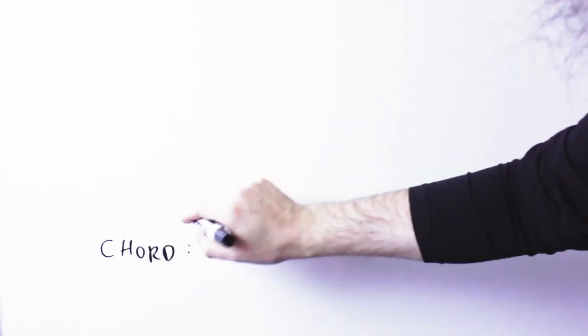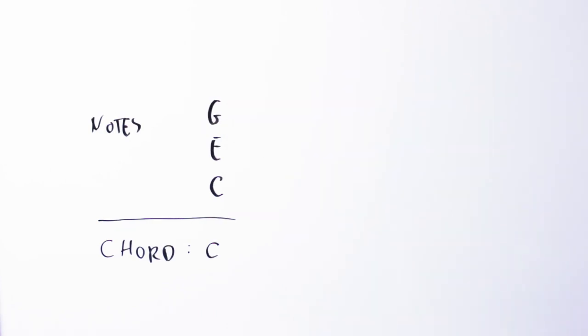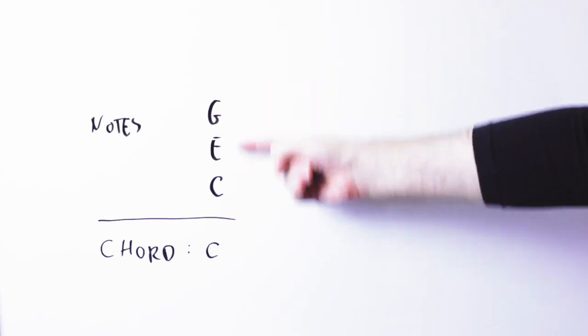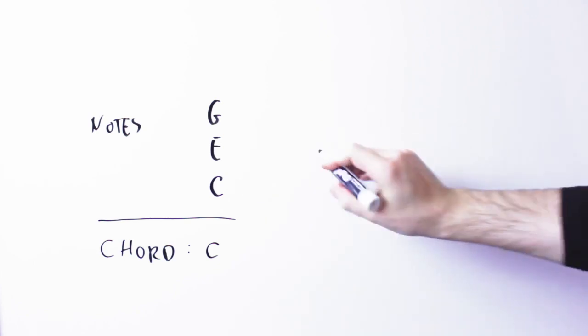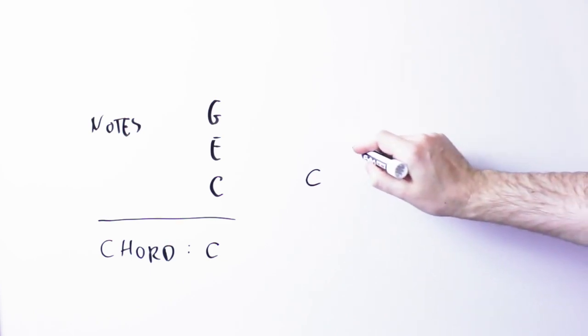What is a neighbor note? Let's say you are playing over one chord. Let's start with one chord so it's easy, and let's say this chord is C major. Now, I can play a neighbor note by playing one of the notes in this chord, and I'm going to take the C note, then playing the note that is one step up or down in the scale from this note.